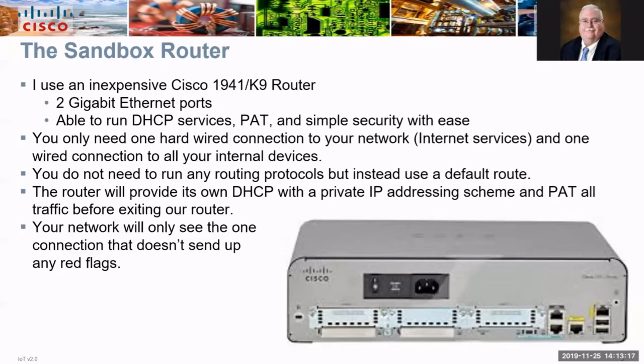You do not need to run any routing protocols but instead use just a default route. The router will provide its own DHCP with a private IP addressing scheme and convert all traffic using PAT before exiting our router. Your network will only see the one connection, so that doesn't send up any red flags.